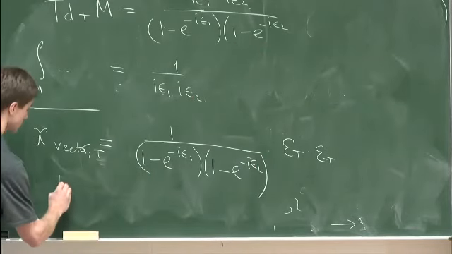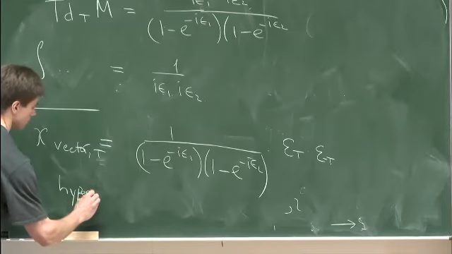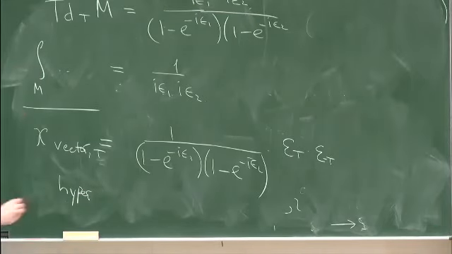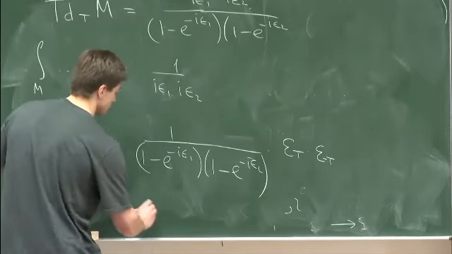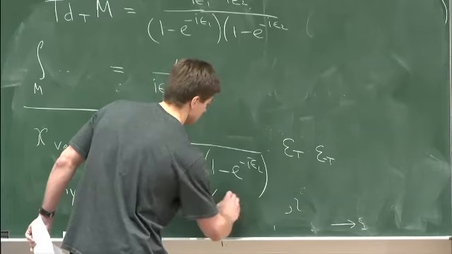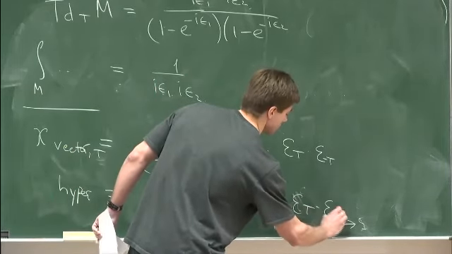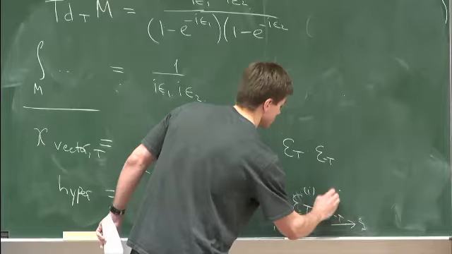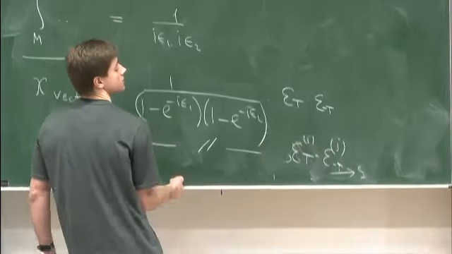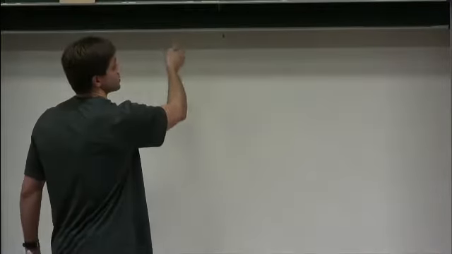And for the hyper, for the bifundamental, it would be the same prefactor multiplied by e^{it} e^{-it} between the nodes i and j.